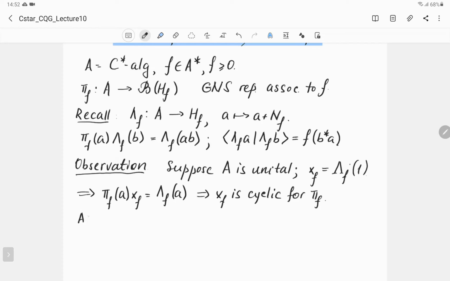And also, the functional f can be reconstructed from this cyclic vector by the following formula. Well, indeed, this formula is a special case of this one. So if we substitute the identity for B here, then we get this.